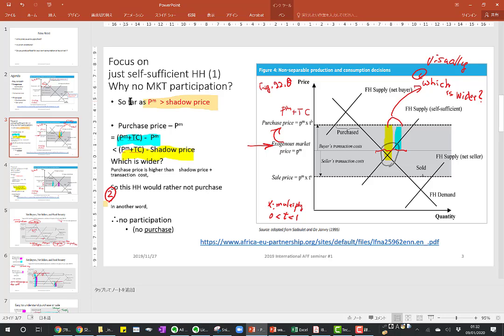And then, so far as we can see, this relation is an inequality, which means market price is greater than the shadow price.